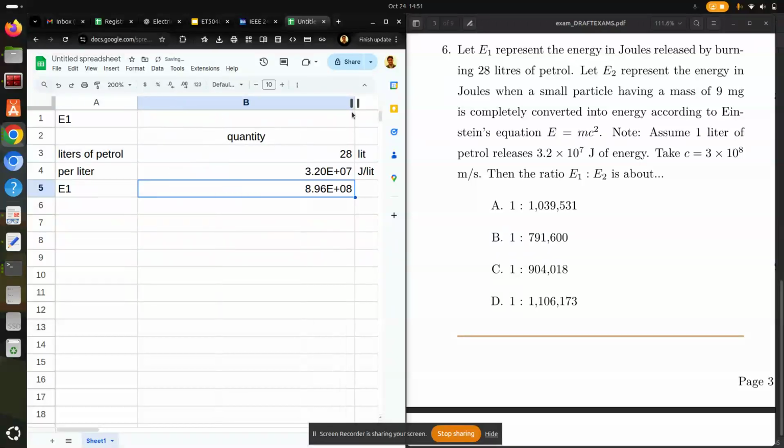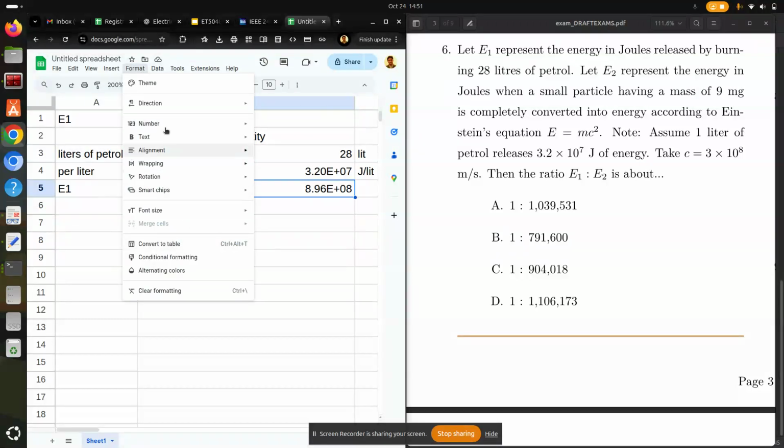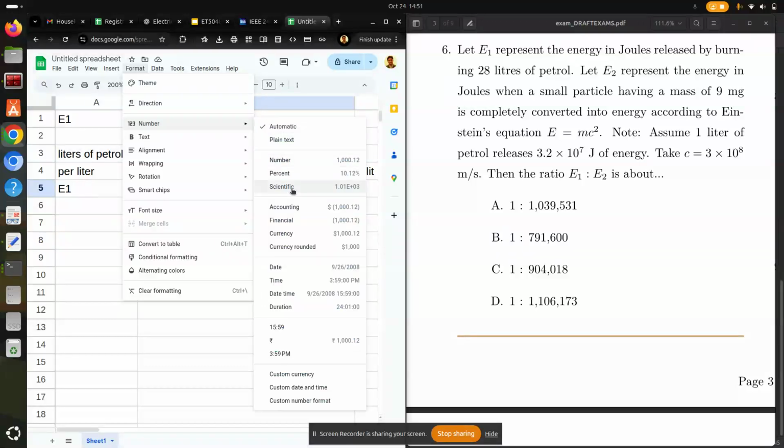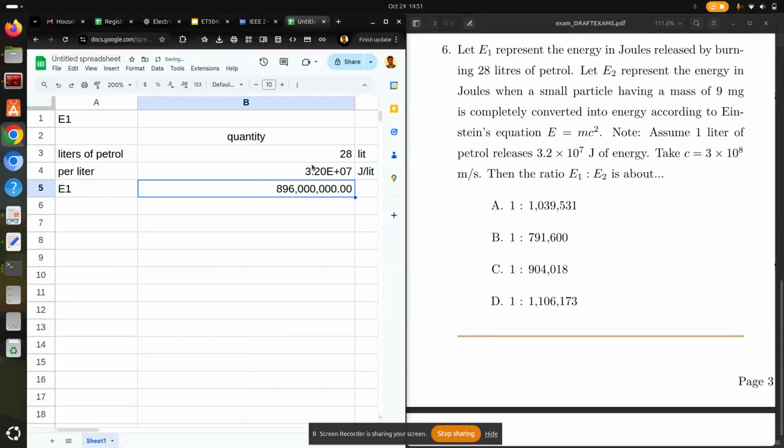Increasing the column width didn't work, so we'll change the format. Right now it is in scientific format; rather than that, I will select a regular number format. In this case it will come like this, because the number 3.2 E7 itself has a lot of zeros in it. So this is our E1.